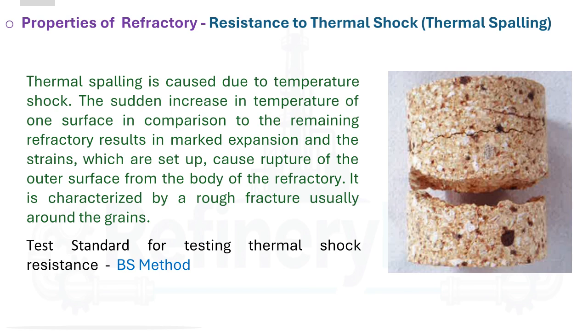The cooler interior does not expand at the same rate, and this mismatch creates internal tensile stresses that literally tear the outer surface apart. The result is a rough, fractured surface around the grains, a classic sign of thermal shock failure. And this is not just cosmetic damage. Thermal spalling can destroy a refractory lining in days if the material cannot withstand repeated thermal shock.